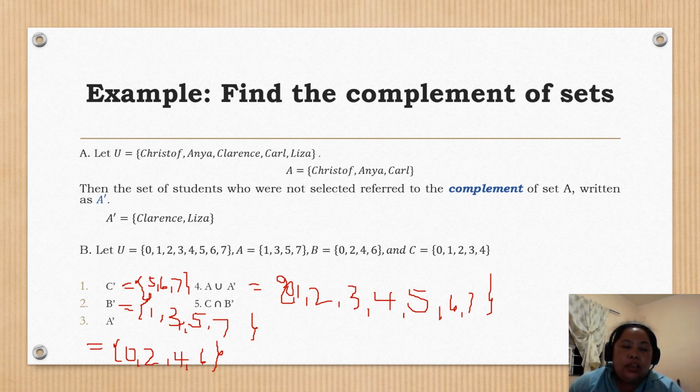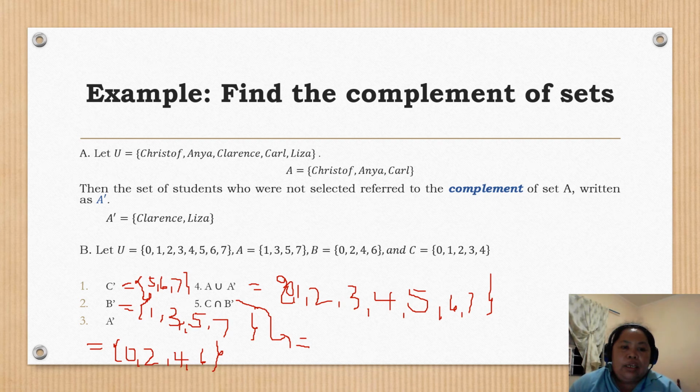Then, C intersect B complement. What is our B complement? 1, 3, 5, 7. So, if we are going to get the answer, where is their intersection?